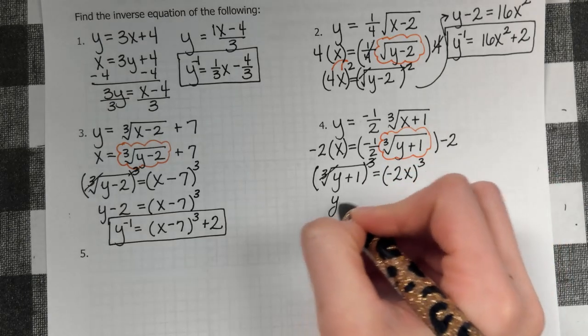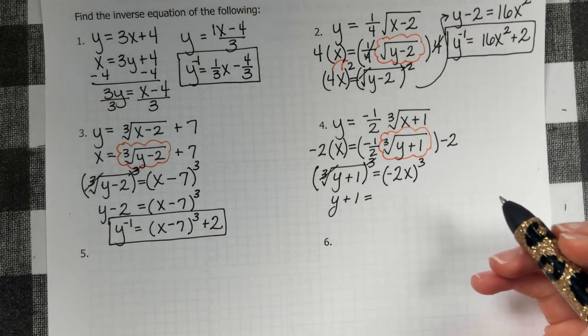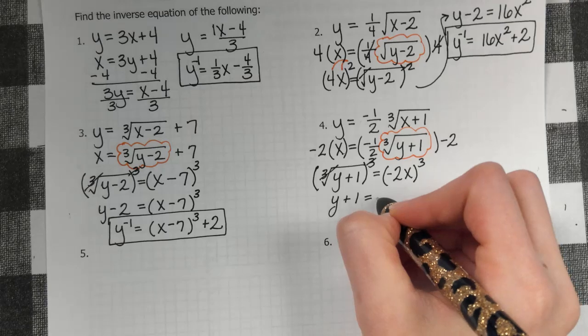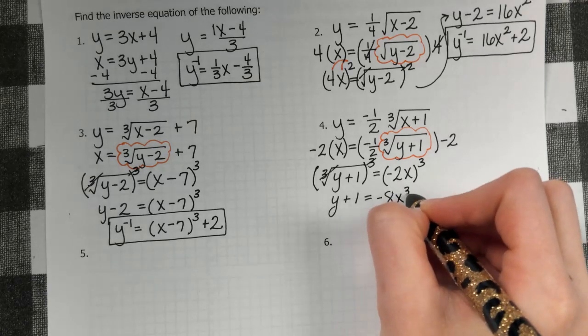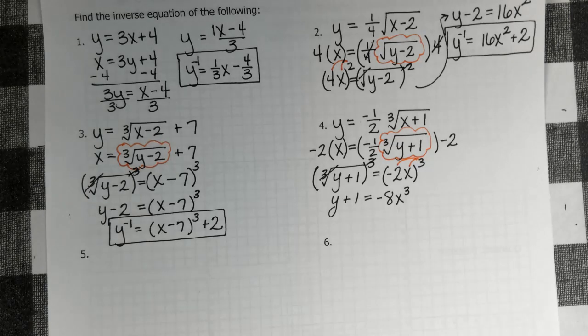So that leaves me with y plus 1 equals negative 2x as a whole cubed, which is going to give me what? Negative 8x cubed. Remember, you've got to distribute. When there is no plus or minus, everything takes on that cube.